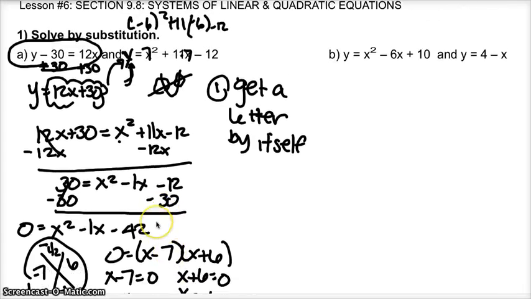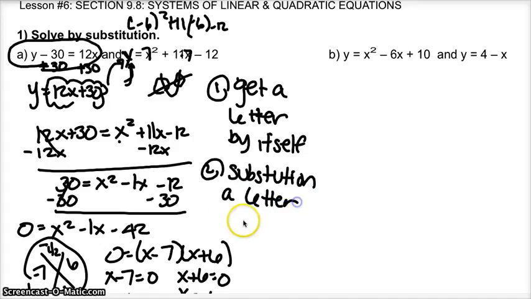So the steps that we did, we needed to solve to get a letter by itself. We substituted a letter out for an equal expression.